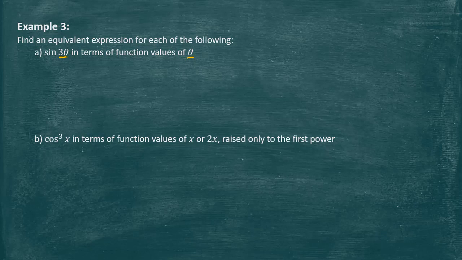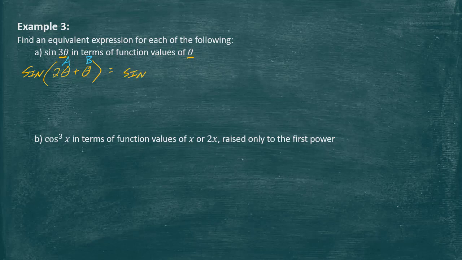As far as the approach for this one, let's just take what we have. If it says 3 theta, one way that we could rewrite that is saying 2 theta plus another theta is equivalent to 3 theta. And now utilizing maybe a sine sum formula, since it is technically sine of 2 things being added together. So our a in the formula is going to be 2 theta, our b in the formula is going to be 1 theta, and now just plugging in.